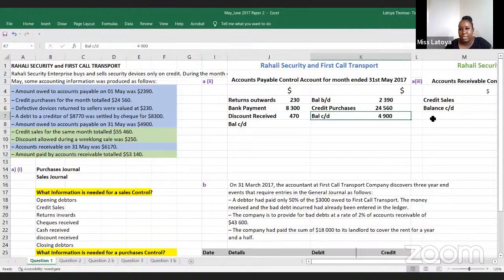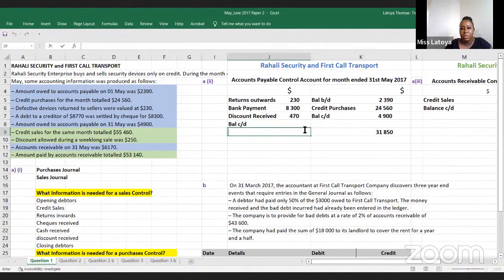I'm getting 31,850. Double check my math, please. This is live. We want to leave the correct figures for those who may check this out after. 31,850.